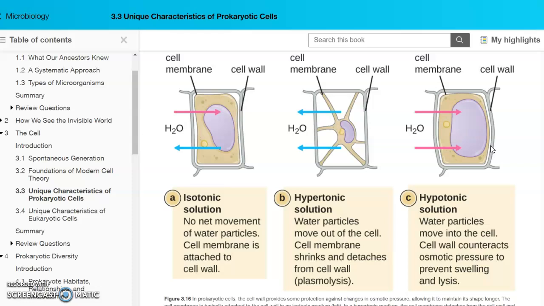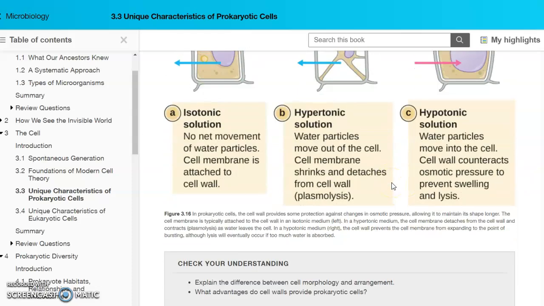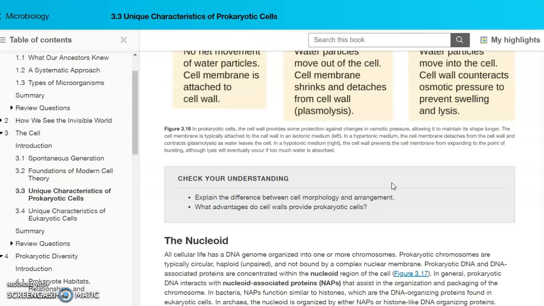That's not to say that this cell wouldn't eventually shrivel and potentially die, or that if enough water flows in, it can overcome the cell wall and explode, but it allows the cell to survive changes longer. So the cell wall protects the bacterial cell against those changes in osmotic pressure. It's a very important structure.